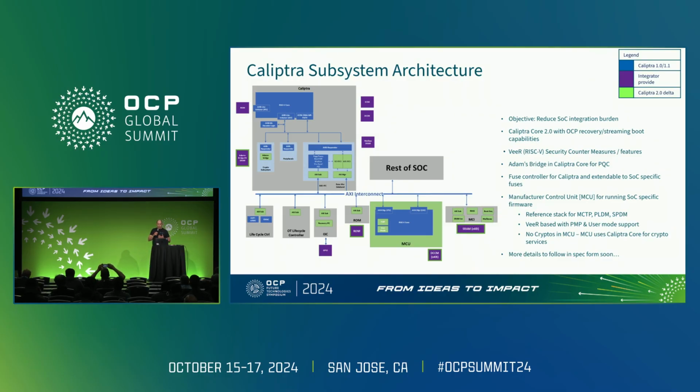We're adding countermeasures to the RISC-V core, right? We're trying to make it more resistant to fault injection attacks and to glitching. We're adding Adam's bridge, right? If you were in this room, you saw the presentation about Adam's bridge. This is critical so that Caliptra core can support PQC, Kyber, Dilithium, attestation, encapsulation. So those are the 2 main things that we're doing there.